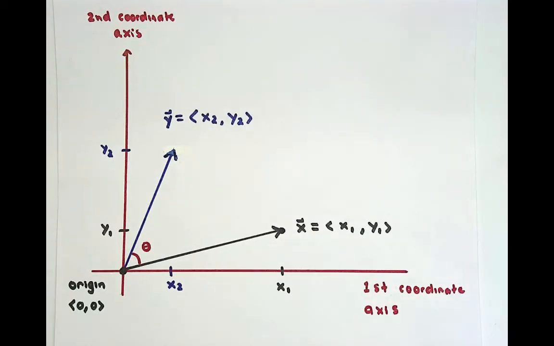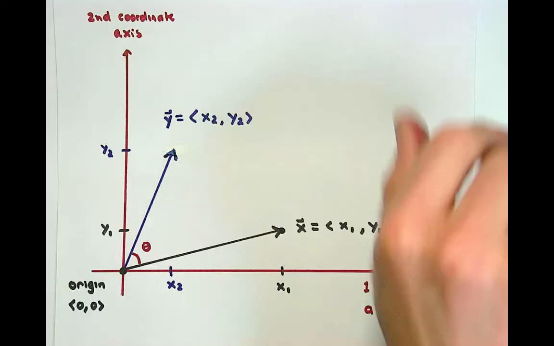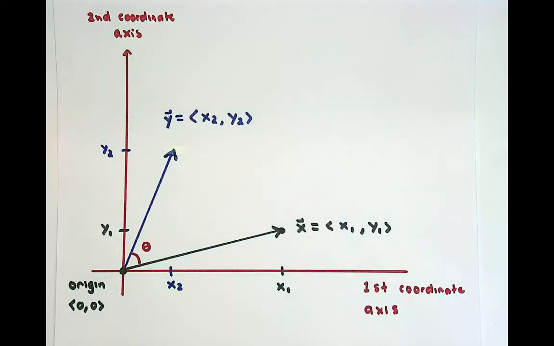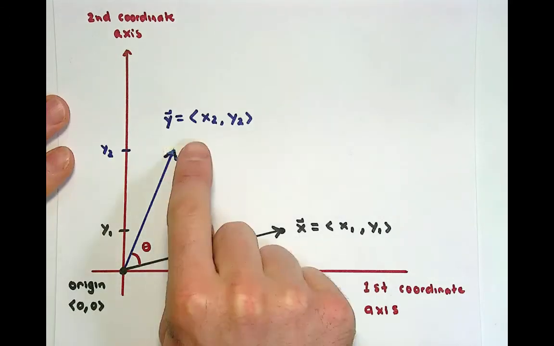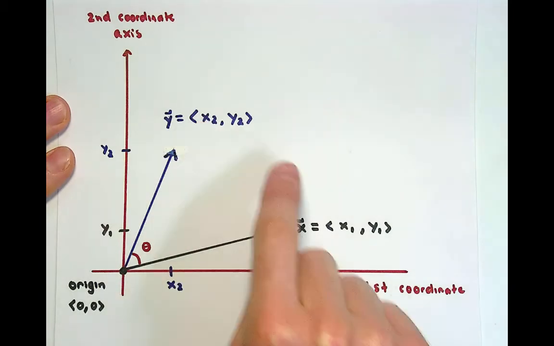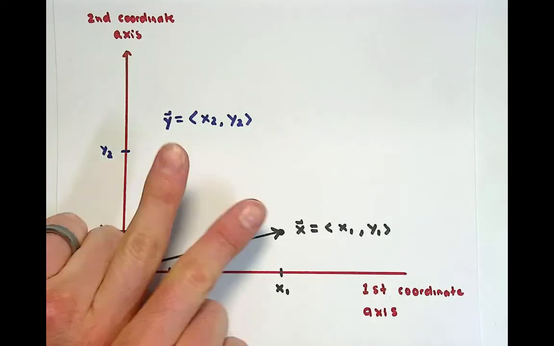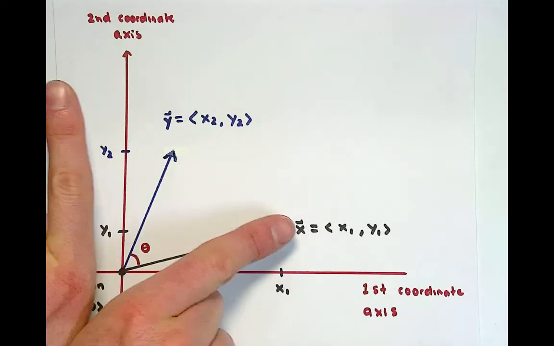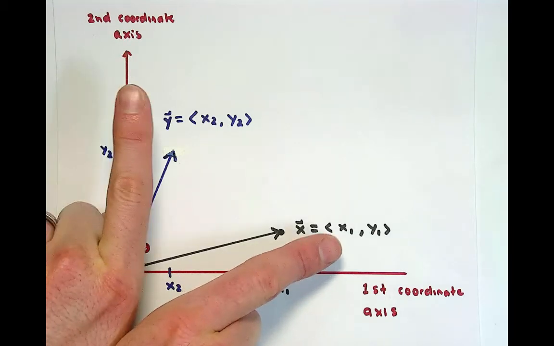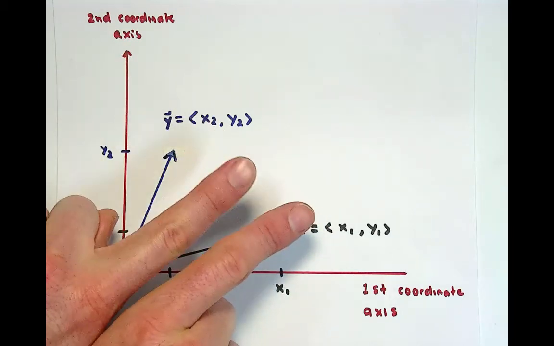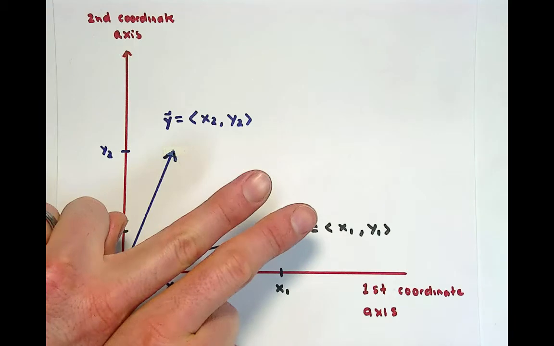So we're going to introduce a pretty crazy concept here, which is that perpendicularity between these two vectors really has to do with this angle theta. The closer theta is to 90, the more perpendicular these things are. The farther away from 90, the less perpendicular it is.